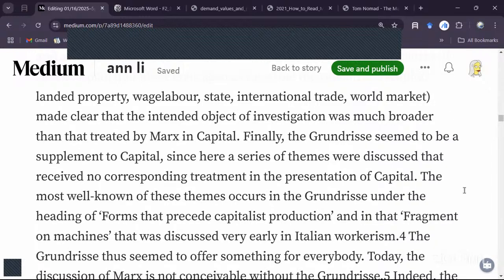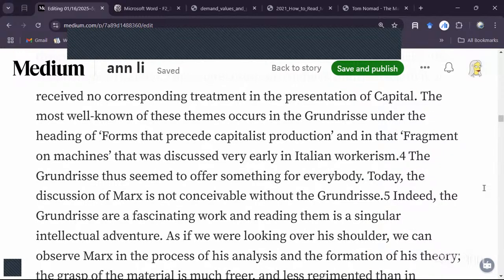Finally, the Grundrisse seemed to be a supplement to Capital, since here a series of themes were discussed that received no corresponding treatment in the presentation of Capital. The most well-known of these themes occurs in the Grundrisse under the heading of forms that precede capitalist production, and in that fragment on machines that was discussed very early in Italian workerism, the operaismo of the post-war period. The Grundrisse thus seemed to offer something for everybody.